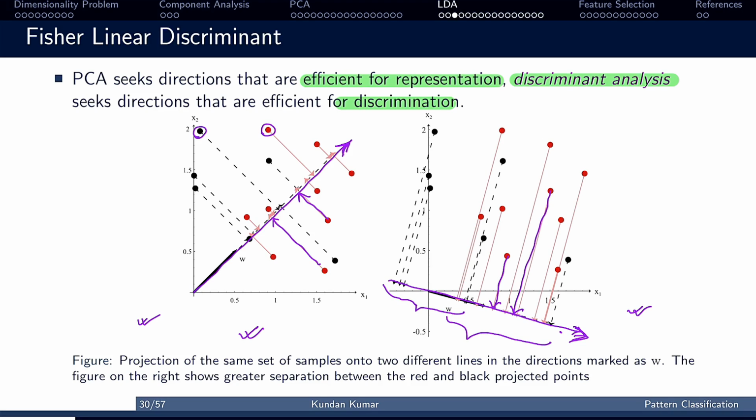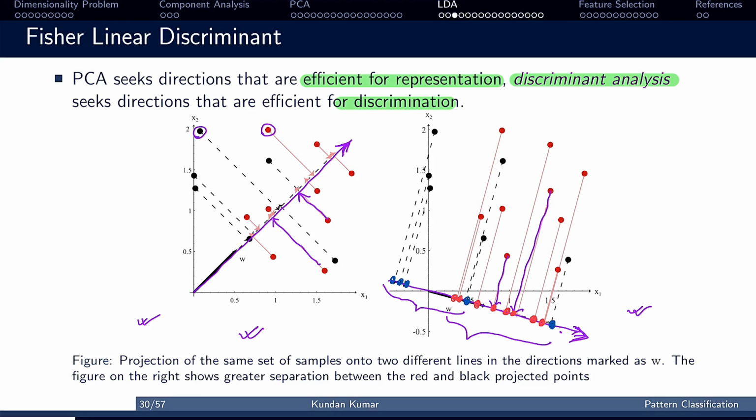Here we have a set of samples which is from class 1, and these are the set of samples which is from class 2.